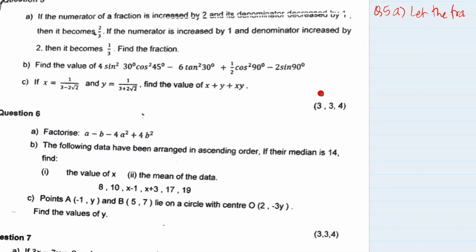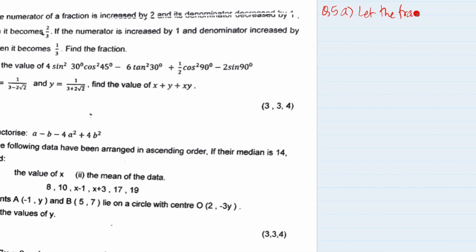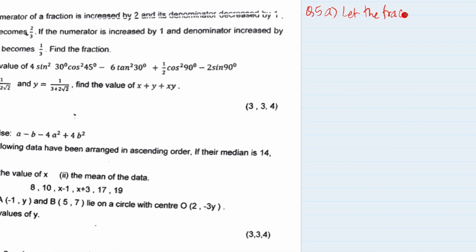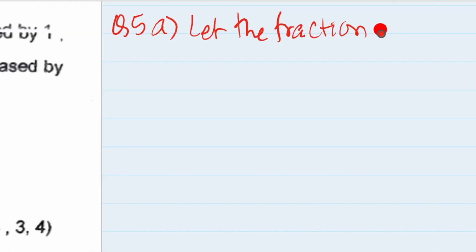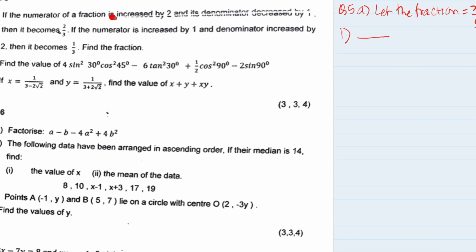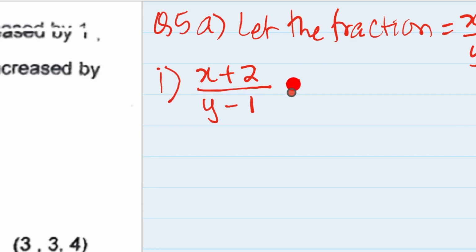So for question number 5a, we will have to say let the fraction equal x upon y. Okay, now case 1. What does our case 1 say? That if the numerator is increased by 2, so x becomes x plus 2. And denominator decreased by 1, so it becomes y minus 1. Then how much it becomes? 2/3.